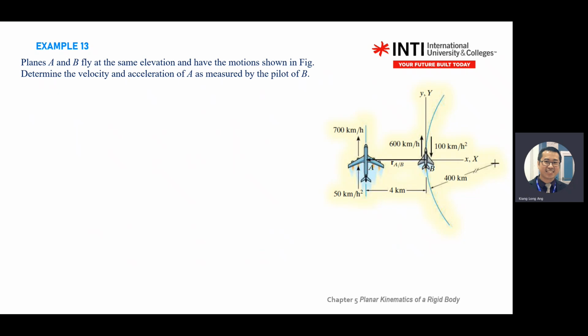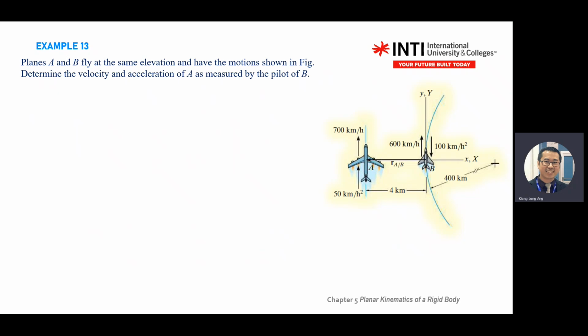Then you are given the reference planes, x and small x, big Y and small y. They have the same elevation, meaning they are moving in the same plane. It's a two-dimensional question. Given the motion shown in the figure, determine the velocity and acceleration of A as measured by pilot B. It's a relative motion.